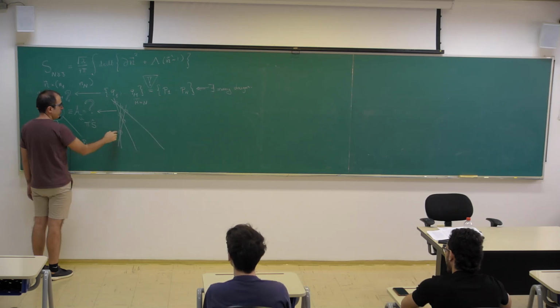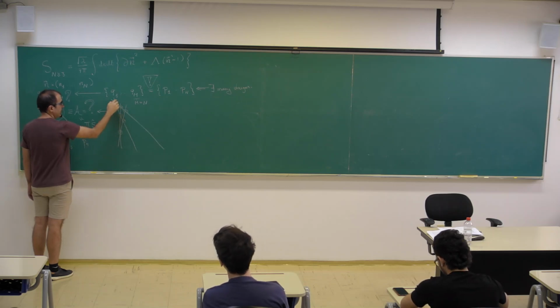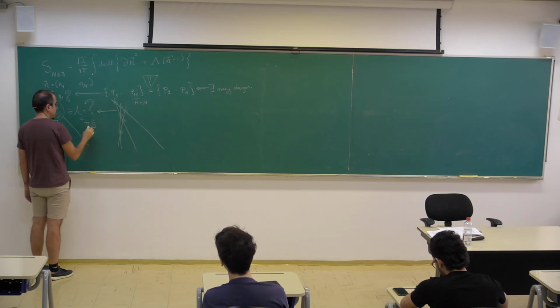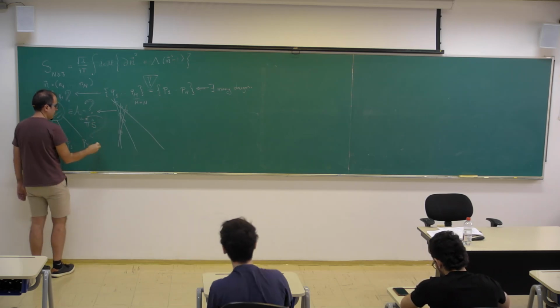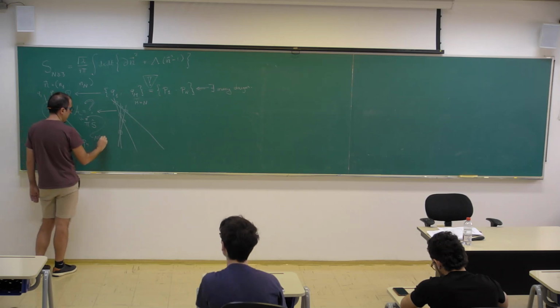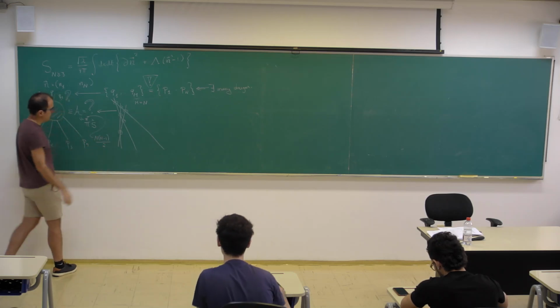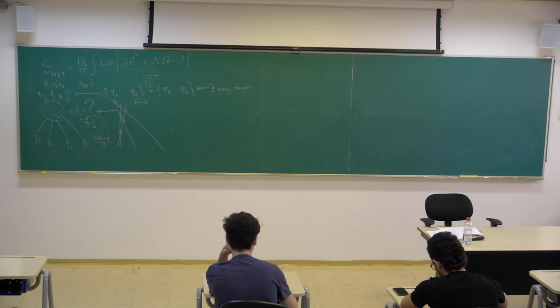And how many there will be? 1, 2, 3, 4, 5, 6. And in general, it's all possible encounters of the particles. There will be something like n times n minus 1 over 2. When n is 4, this gives 6, which is correct.